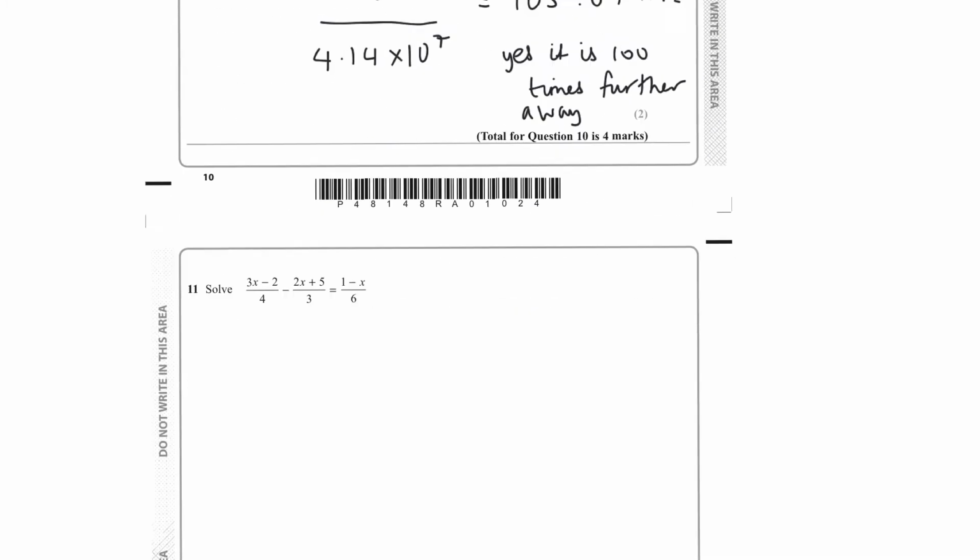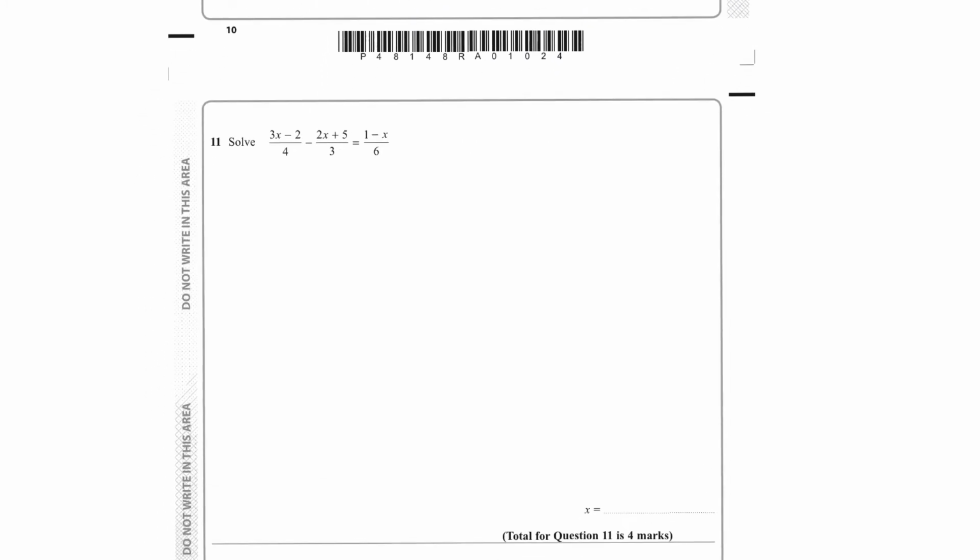Okay, brill. So let's have a look at question 11. So question 11, it's solving algebraic fractions. So let's have a go at this. So what we're going to do is we're going to multiply. Because we want the denominators to be the same, we're going to multiply the whole of the first fraction by 3.